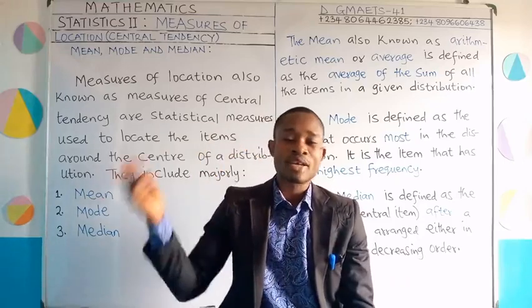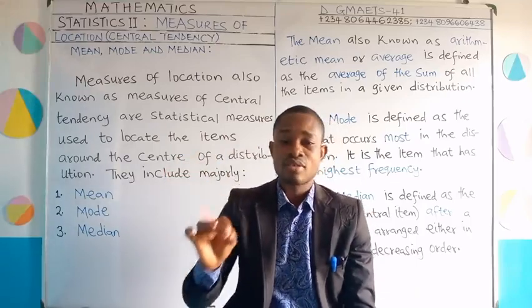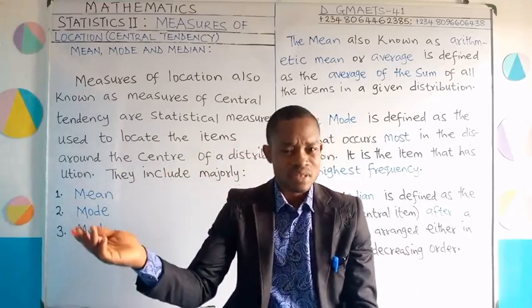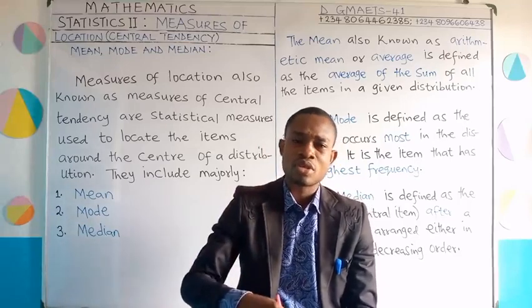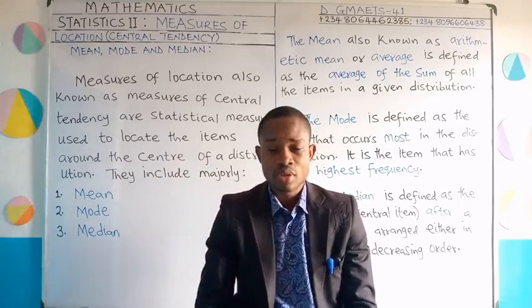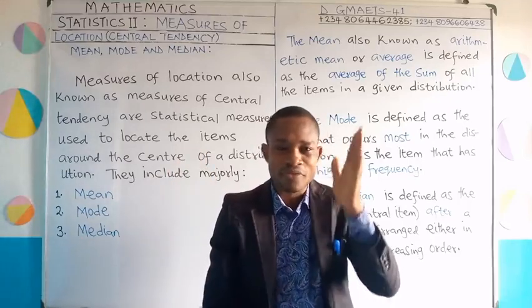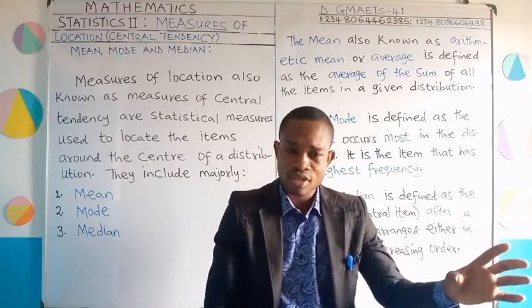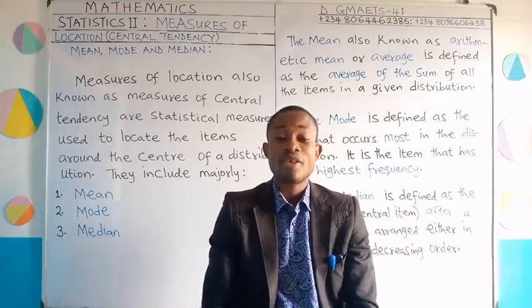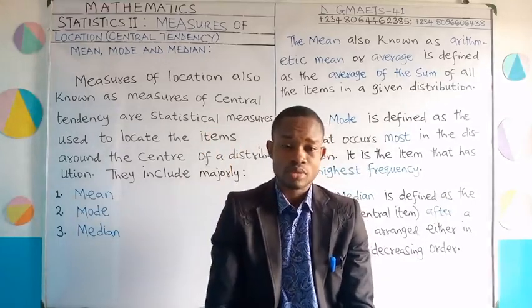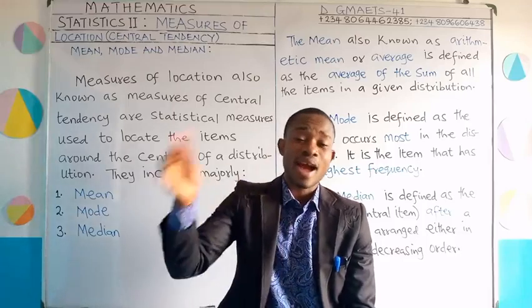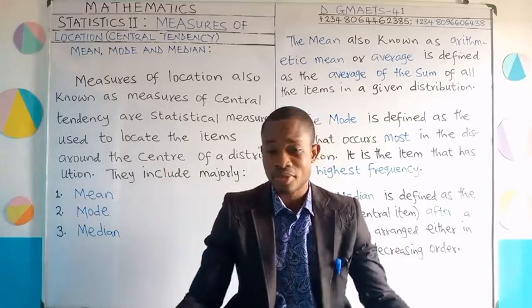Now, if you take your mind back to our previous classes in statistics, that is statistics part 1, where we talked about frequency distribution, the frequency table. I've already taught you how to get frequency of a given distribution. So if I give you any distribution and you decide to make the frequency table, the item that has the highest frequency there is the mode.